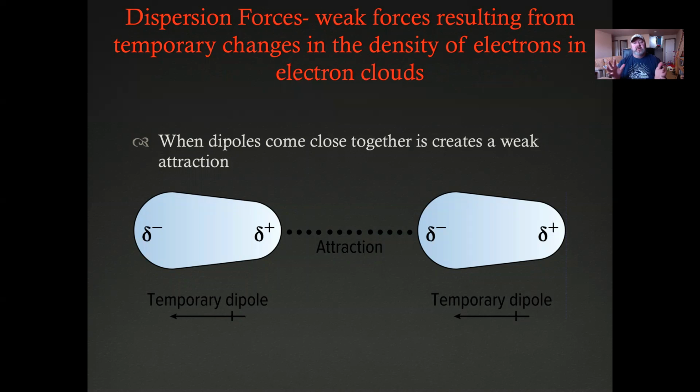If you have atoms coming into close proximity and they get compressed, it compresses the electron clouds and it squashes the electrons closer to the nucleus of the atom, and it can create these dipoles where there's a positive part on one side and a negative part on another, and those two can become attracted. When those dipoles come together, it creates a weak attraction for one another, and so it kind of holds them together.